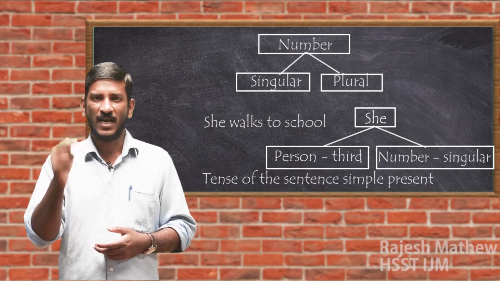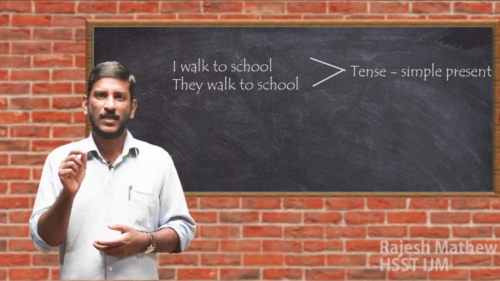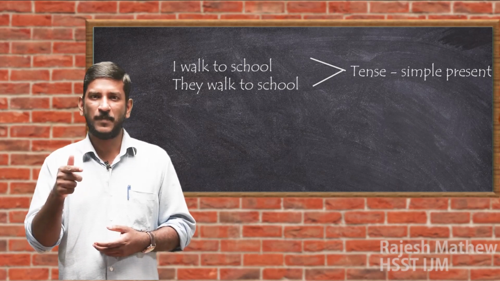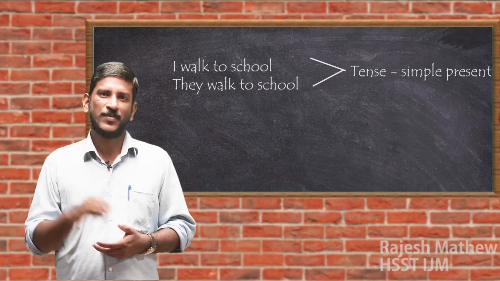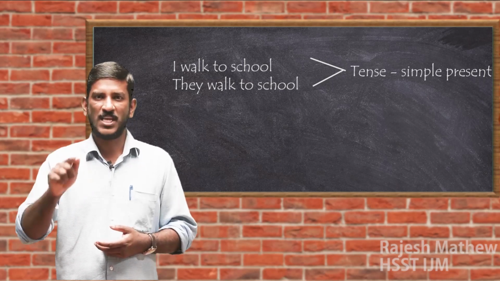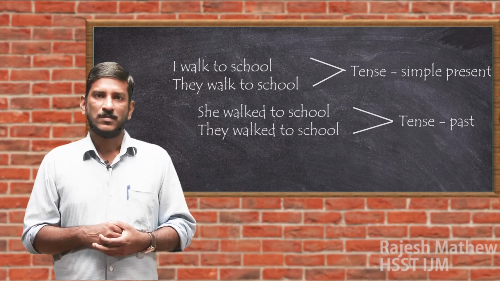If the subject is I, first person, I walk to school. If the subject is third person plural, they walk to school. If the tense is past, she walked, they walked, I walked to school.